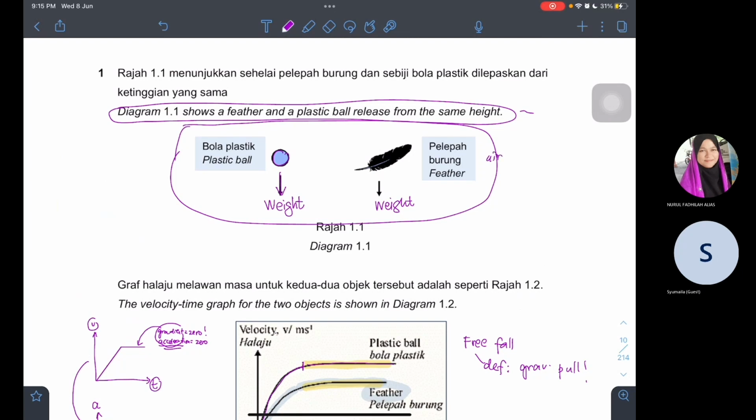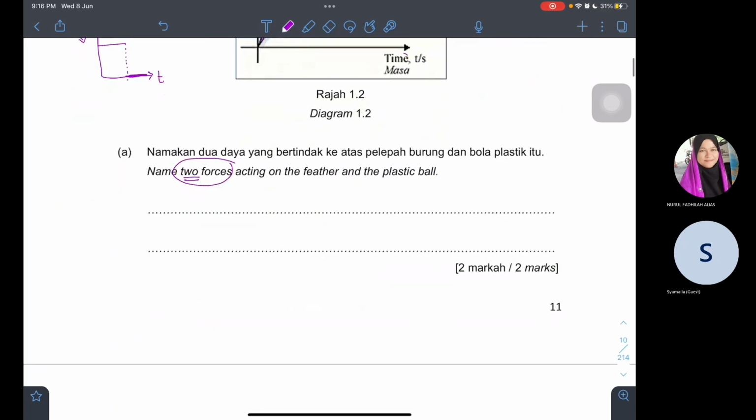Jadi another force acting is the air resistance. Okay, sama juga dengan the feather. Ada air resistance. Alright. Jadi what are the two forces? So first is the weight and another one is the air resistance. So kita tahu lah, air resistance is a kind of force. Weight is also a kind of force.